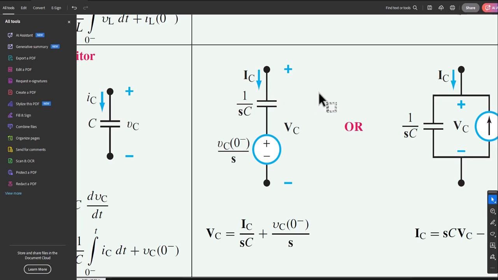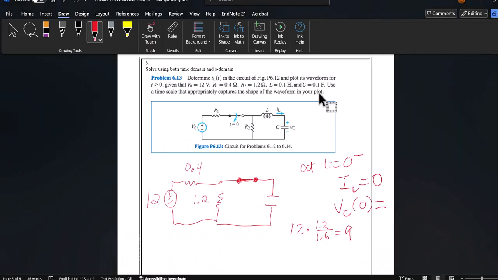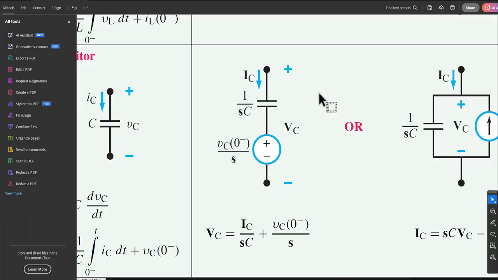So if we go back and look at ours, we're saying the current through the capacitor would be coming from the top, and if we compare that to our picture here, the current coming from the top, our polarity is going to have the positive on top. So it'll be 1 over SC and then 9 over S.